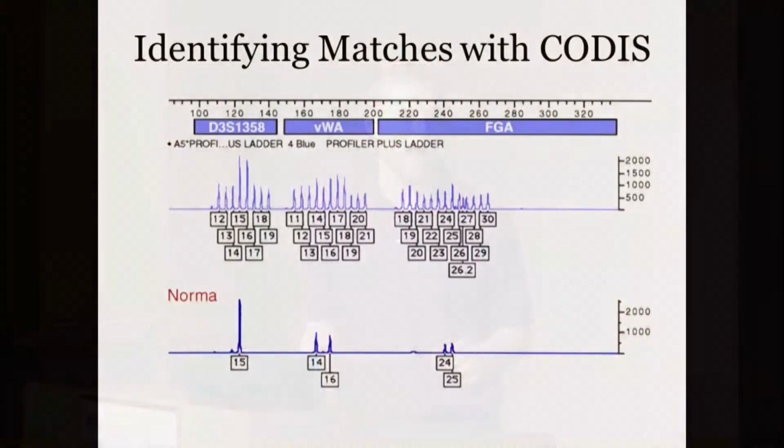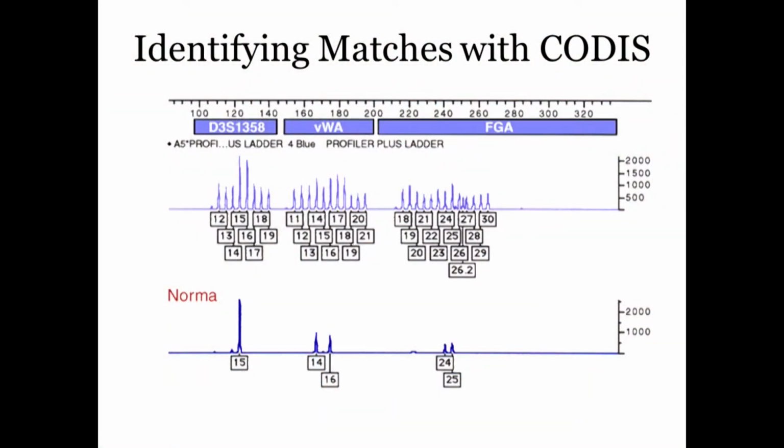The height of the peak corresponds to the number of copies that the individual has, and the placement along the horizontal axis corresponds to, again, the repeat length of those variants. So at this first region, Norma has 2 copies of a single repeat length of 15, indicated by the higher peak and this sole 15 number below that peak. Both of those copies of length 15 were inherited from her mother and father.